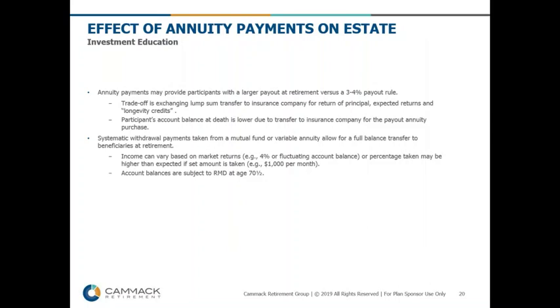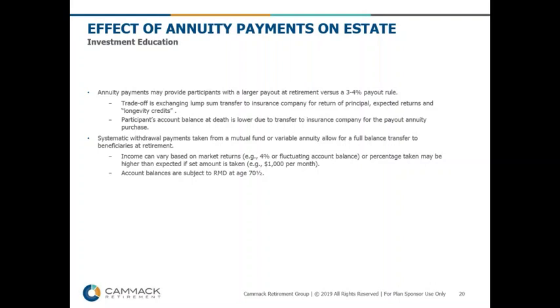So the annuity payments may provide participants with a larger payout at retirement versus taking out just 3 or 4%. The trade-off is exchanging a lump sum transfer to the insurance company for return of principal, expected returns, and longevity credits. Participant account balances at death are lower due to the transfer of money to the insurance company for the payout annuity purchases.